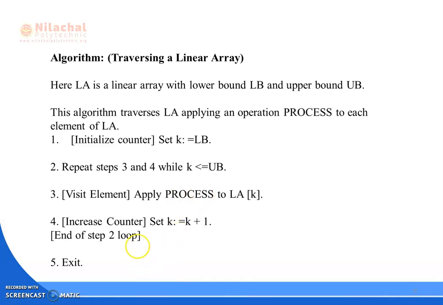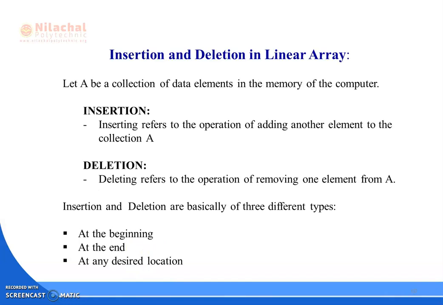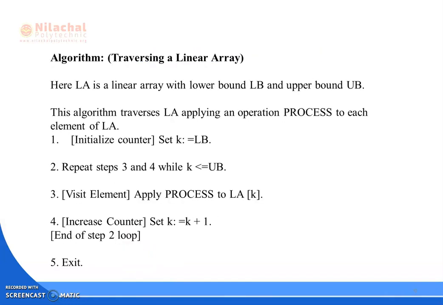So we will see one example. For example, there are 3 elements in an array. Obviously the first element is at the lower bound. If there are 3 elements, the first element is at 0, the second at 1 and the third at 2.